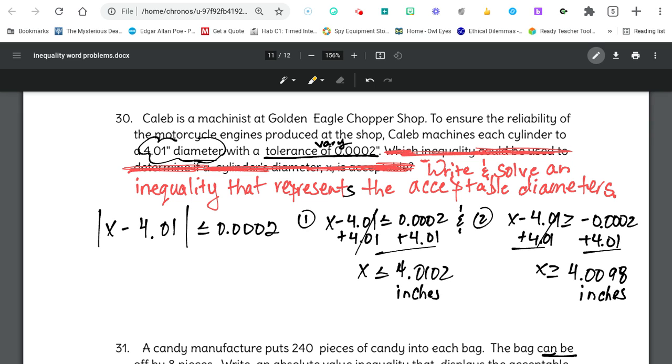So your values for the diameter of the cylinder, which Caleb is making, can be from this amount to that amount, okay? That's the lowest it could be over here. This is the highest it could be. Or it can be anywhere in between.